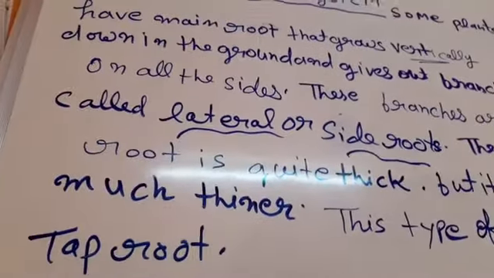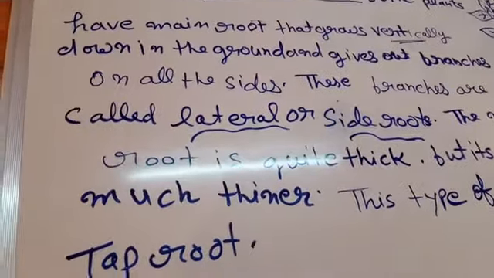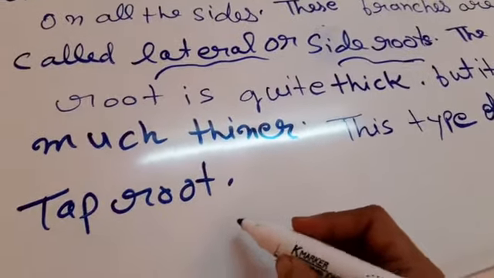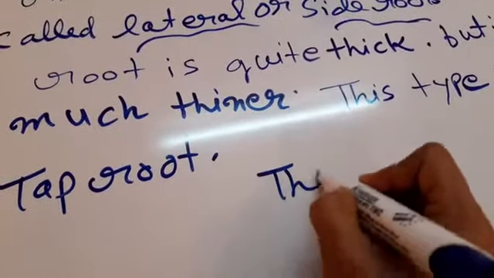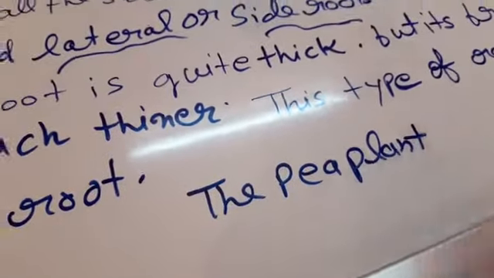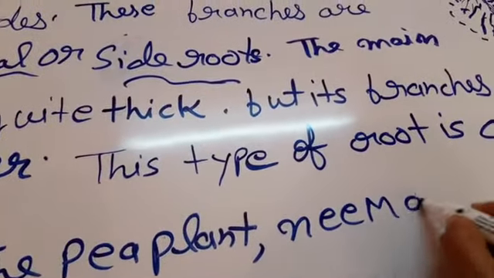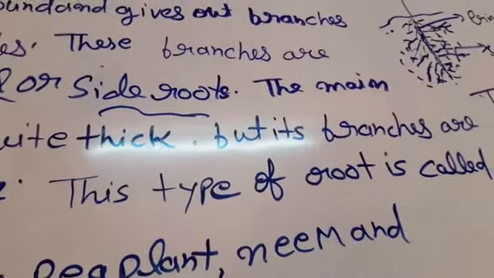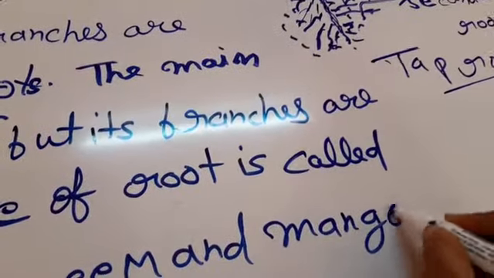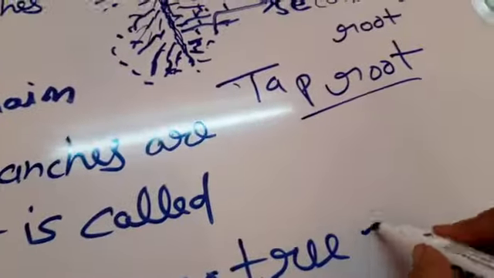Examples of taproot: the pea plant, neem and mango tree have taproot.